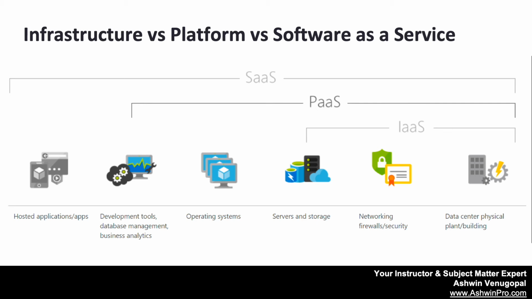Now, when it comes to platform as a service, in that scenario, the service provider is going to take care of the physical location, networking, firewall or security, the physical server or the physical storage requirement, also the operating system, also the tools that you need to manage the platform. You will be only responsible for the applications that you're hosting on top of that platform.